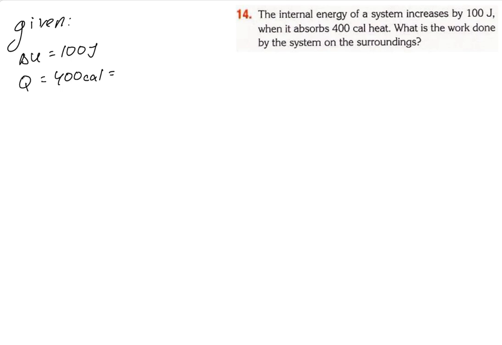So we know that 1 calorie is equal to 4.18 joules. That means I multiply 400 by 4.18, so it's equal to 1672 joules.